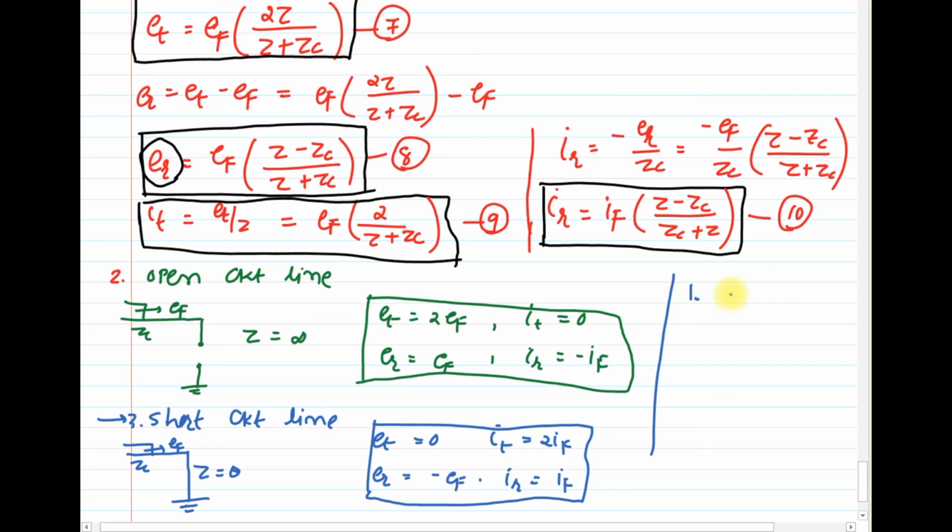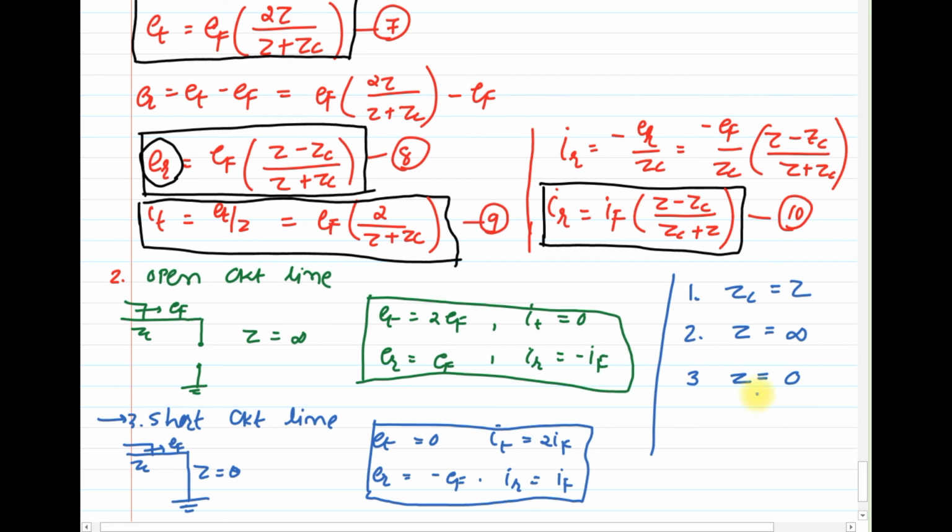The first case is ZC equal to Z, that means the line termination impedance is equal to the surge impedance. The second one, the line is open circuited, where Z is equal to infinite, and the third one is the short circuited line where Z is equal to 0.